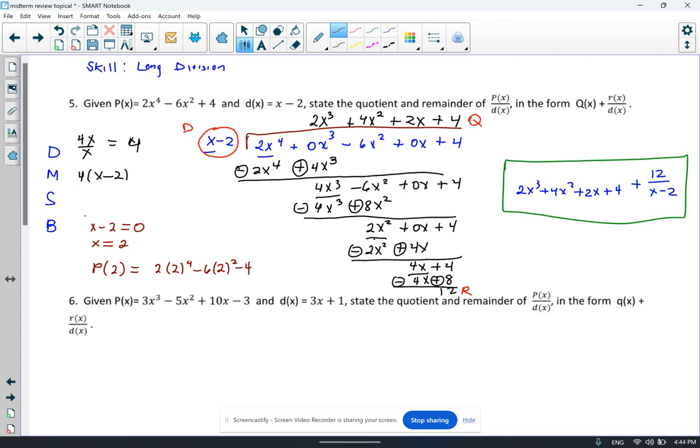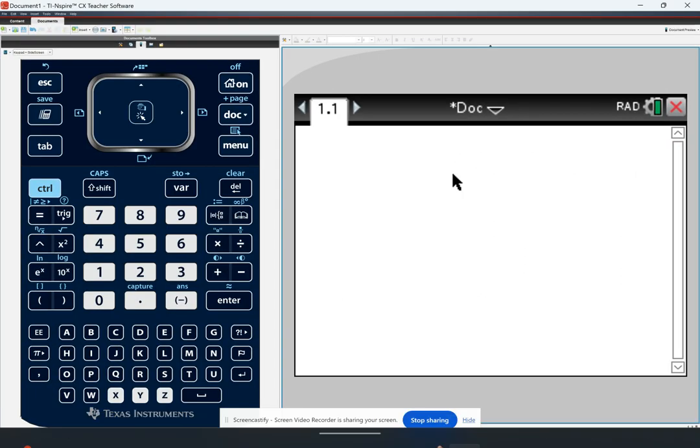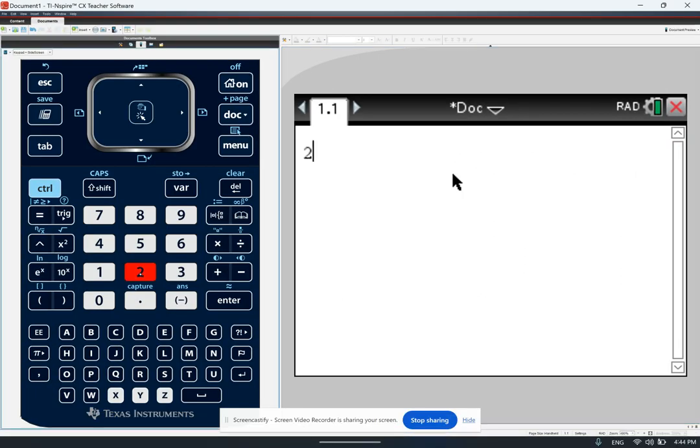And evaluate. You can either evaluate by hand or you can use the calculator. So I'm going to use the calculator. I'm going to take 2 and store it in x, so 2, control, var, x, and hit enter. I'm now going to retype in the value: 2x caret 3 plus, oh, actually it's 4.